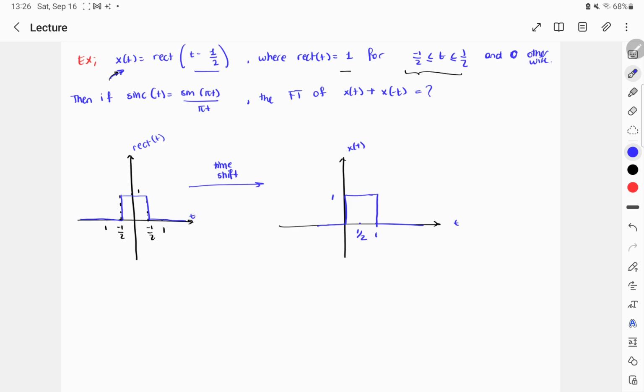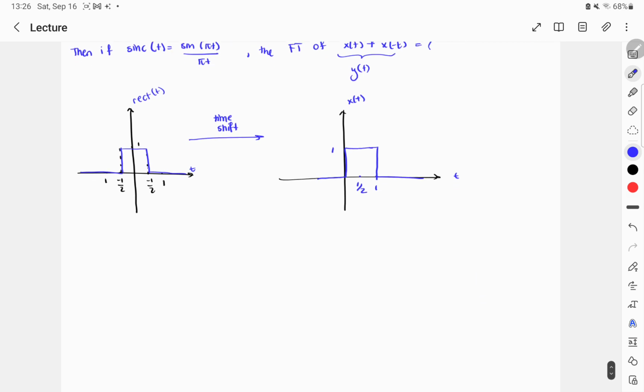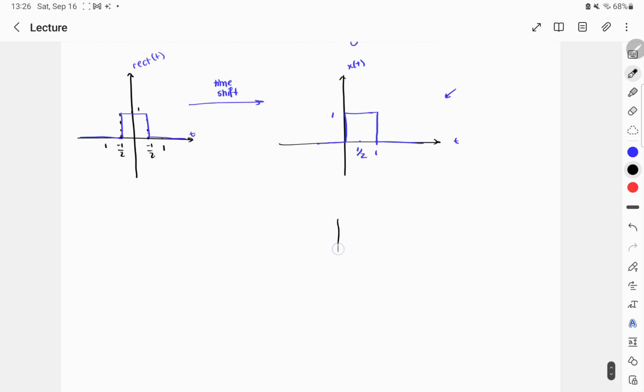Okay, so our signal y, let's say y equals all this, is equal to the sum of this portion and then the time reversed portion. Let me write how the time reversed portion looks.